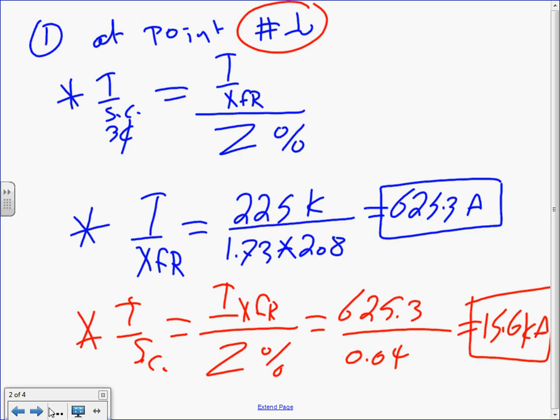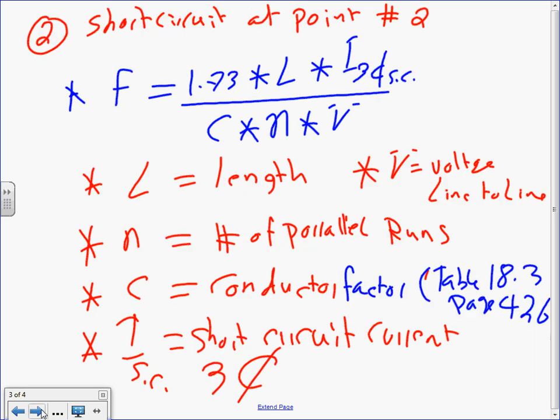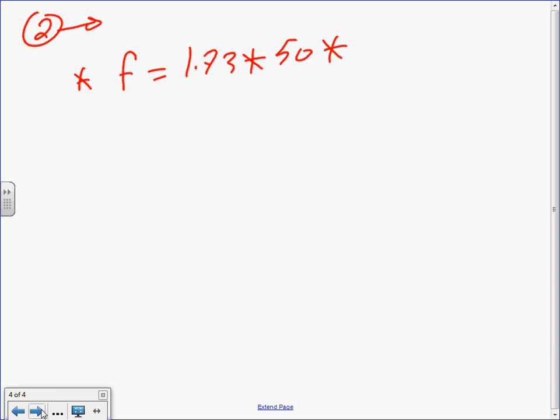It's 15.6. We're going to cache it, so it's 15,600.